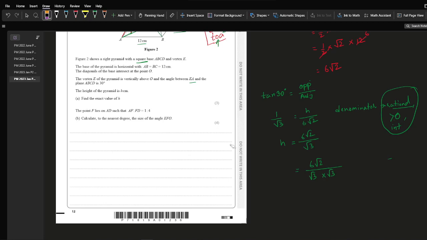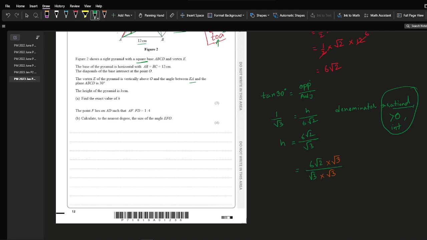So in order to get rid of this square root, we multiplied by the square root of 3. Since we multiply the square root of 3 at the bottom, we have to multiply the square root of 3 at the top, so we are not changing the value of the whole fraction.